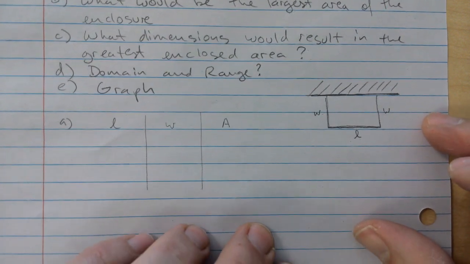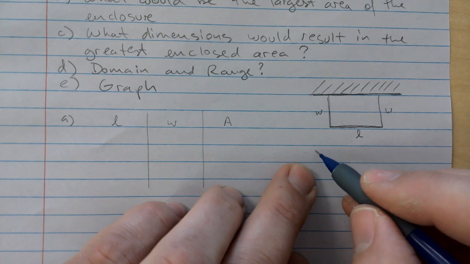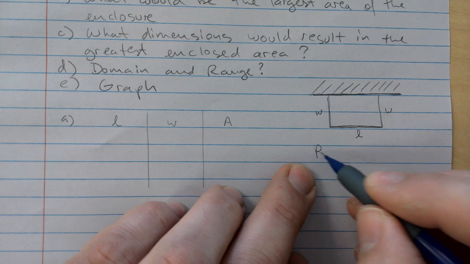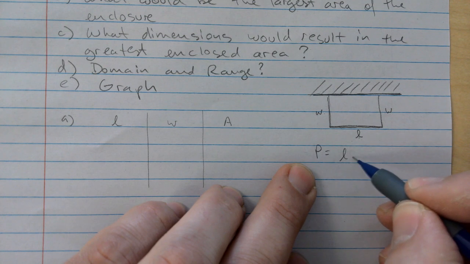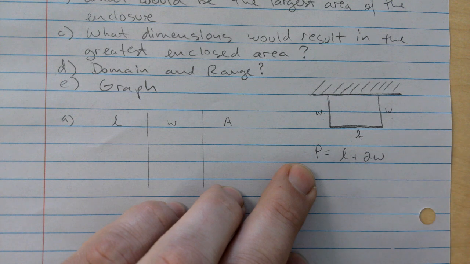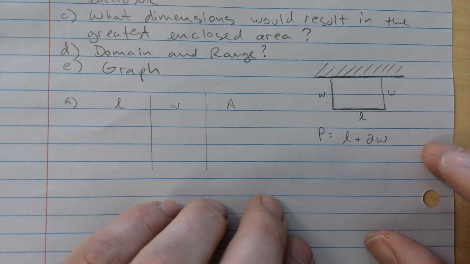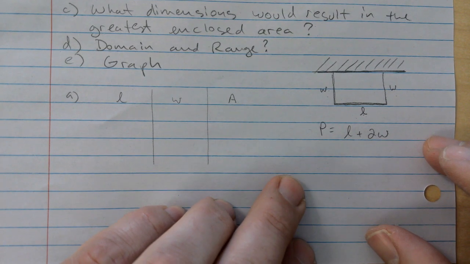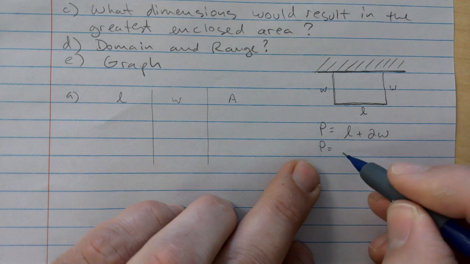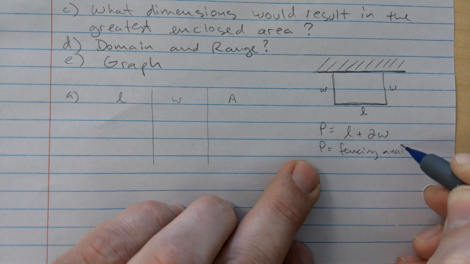Your next step is to say that the perimeter, right? The perimeter in this case would be length plus 2W. And P is the fencing available. Right?